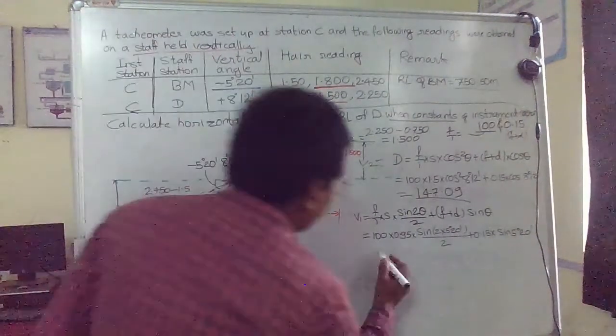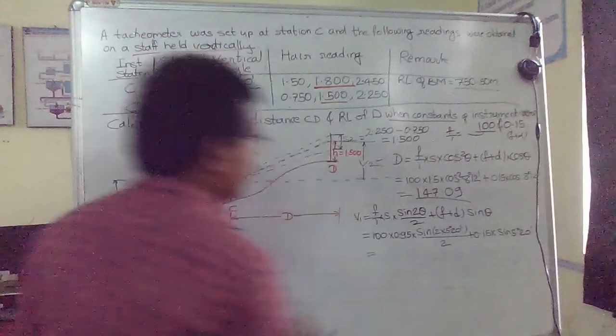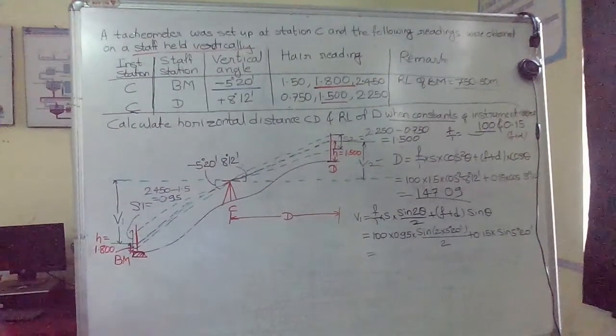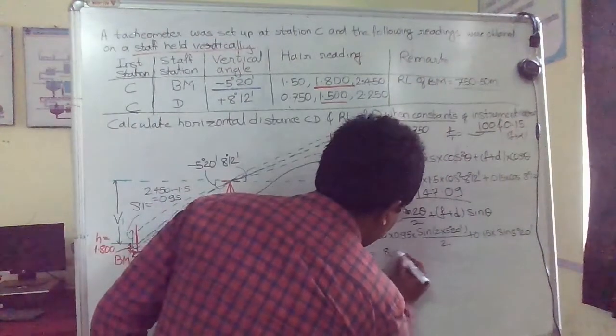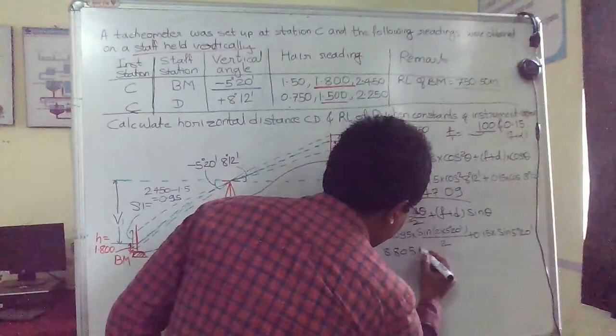By calculation we get the value of v1 as 8.805 meter.